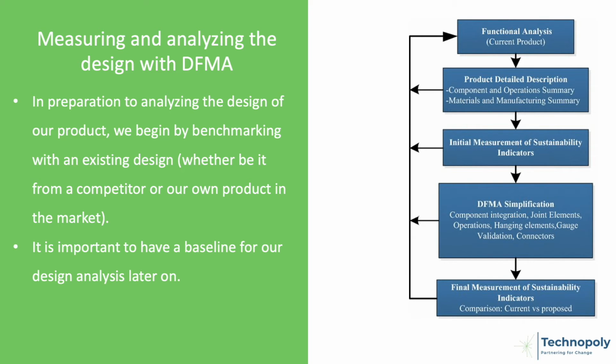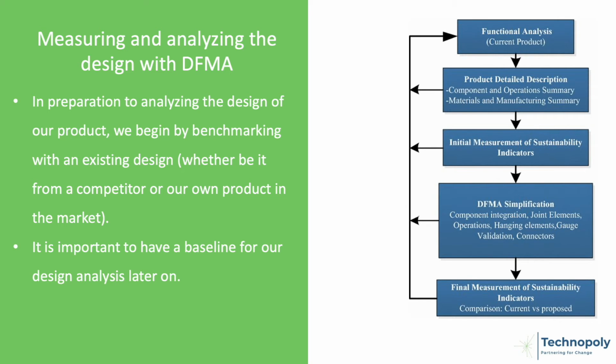Second, we need to perform a detailed product description. This means that we have to understand what the parts and components are, how it is made, and what the materials are. We need to break down the details of the product in order to be able to analyze its assembliness or its manufacturability.